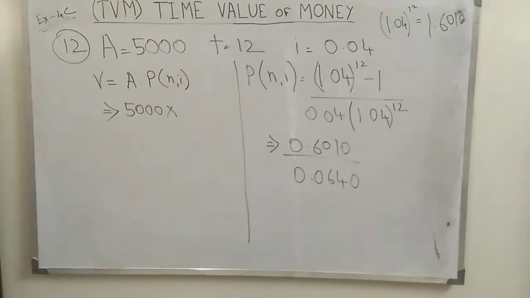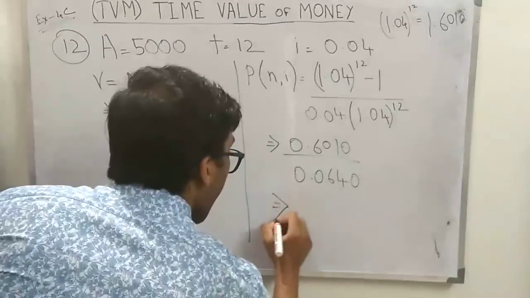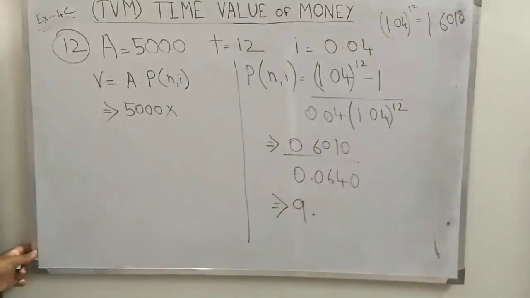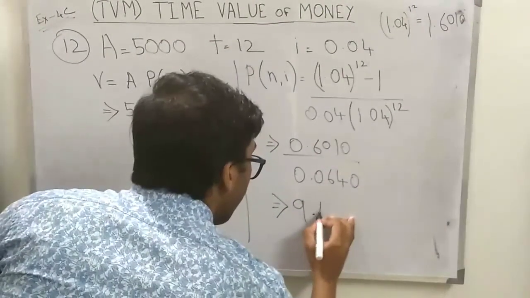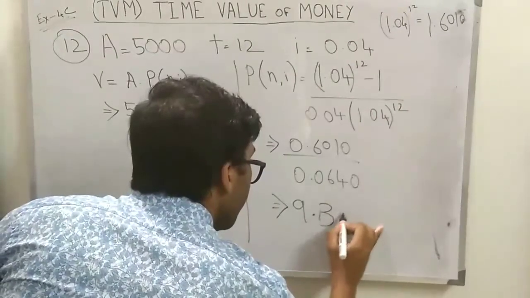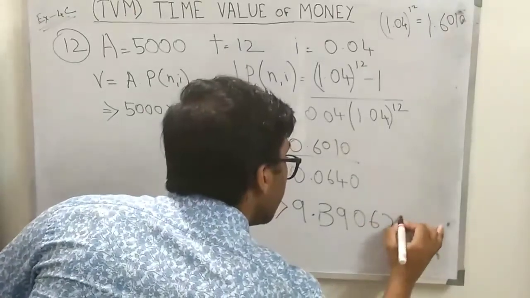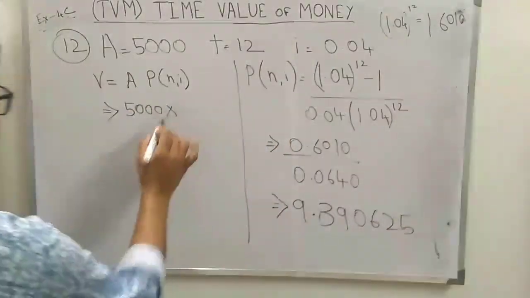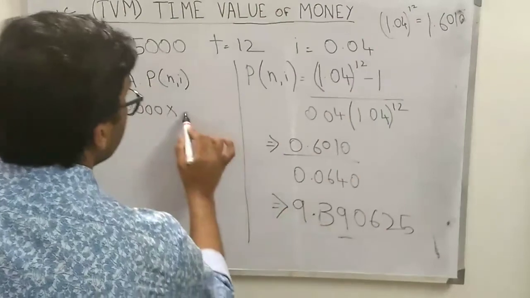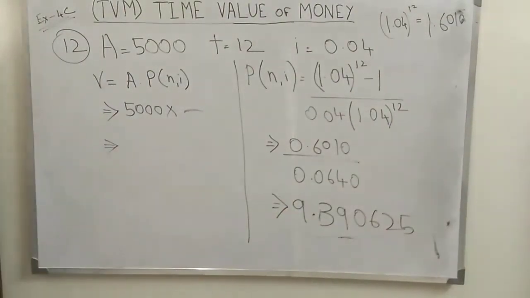Now if we calculate this, 0.6010 divided by 0.0640, it is 9.390625. Now multiply this amount with 5,000.